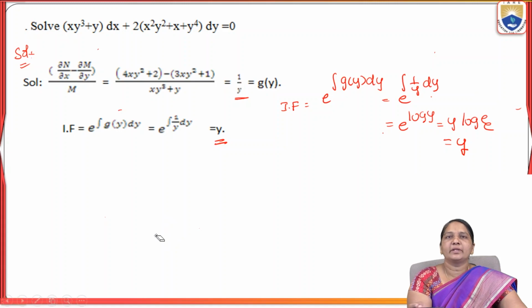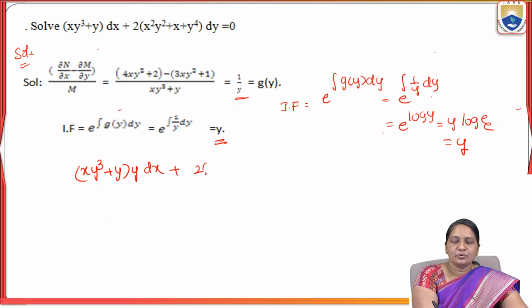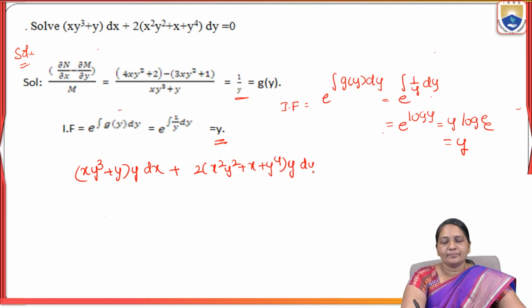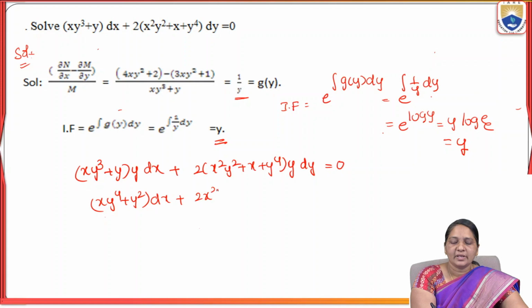Now we multiply the given equation with the integrating factor. So (xy³ + y)·y dx + (2x²y² + x + y⁴)·y dy = 0. So (xy⁴ + y²)dx + (2x²y³ + 2xy + 2y⁵)dy = 0.